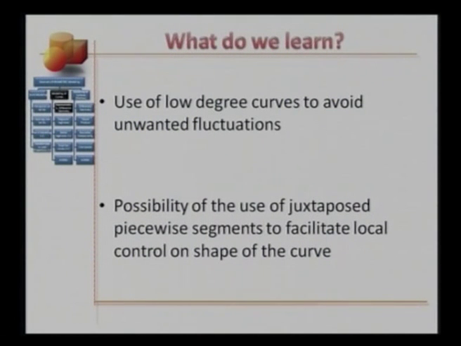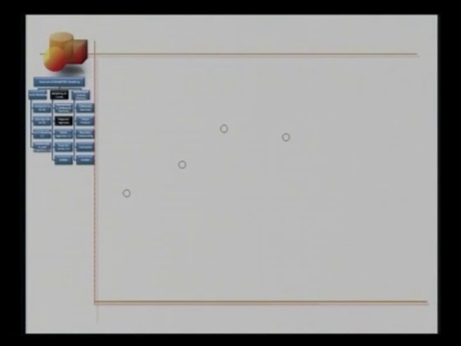Let me give you an example on the second point here. Well, all we need to do is consider the given set of data points or control points or design points, as we will call them later, in different subgroups, each of smaller size. And then we can either interpolate or best fit the points in individual subgroups using low degree segments.